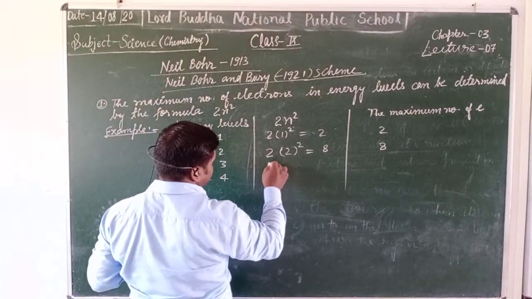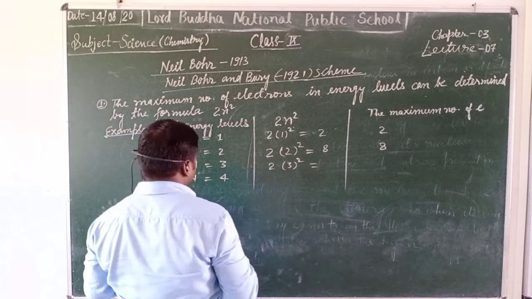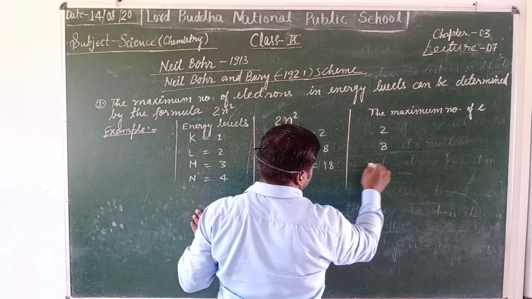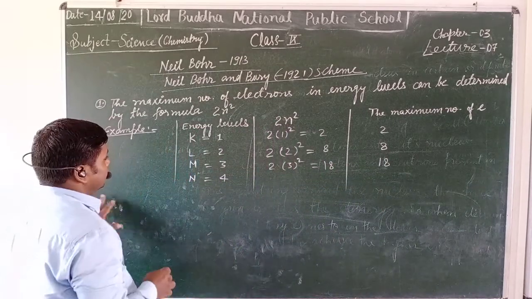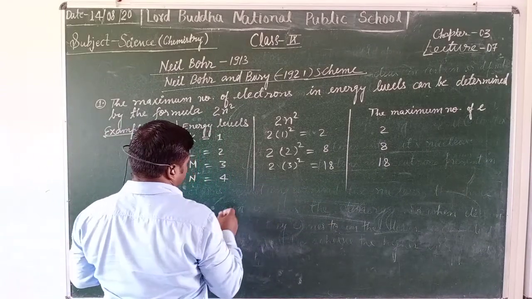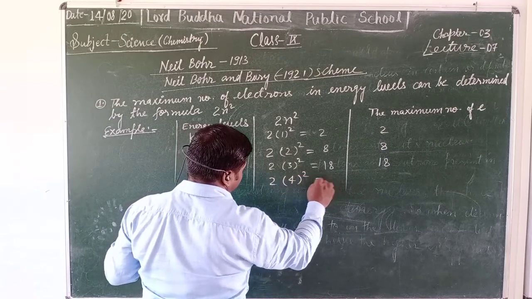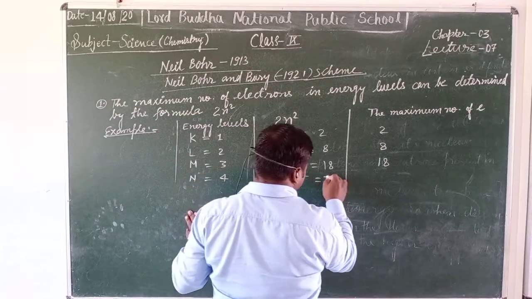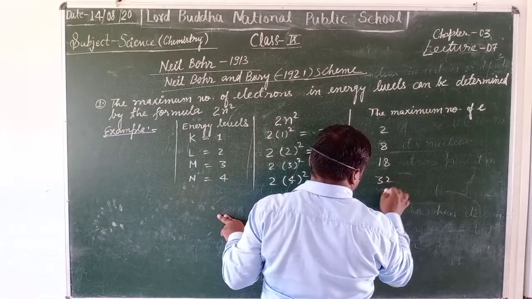Likewise in the M cell, 2 into the square of 3, which is 9, 9 times 2 is 18. The maximum number of electrons the M cell can have is 18. Now the N cell: the square of 4 is 16, and 16 into 2 is 32 electrons, and so on.